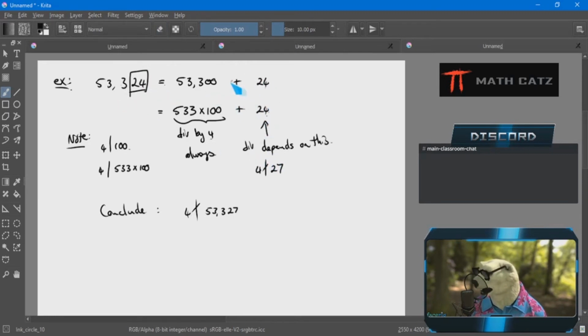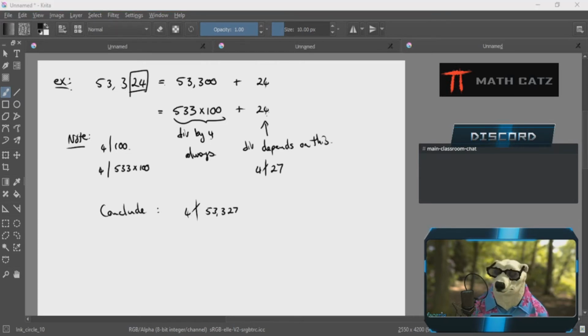So if I look at the last 2 digits, what if I have something like this? Do I have divisibility by 8? Well, we can cheat a little bit and use our calculator to divide the original number by 8. So 53,324 divided by 8 is 6,665 and a half, and you see that it is not divisible.